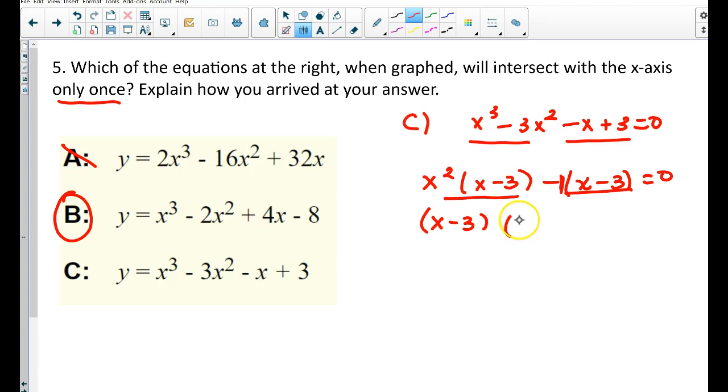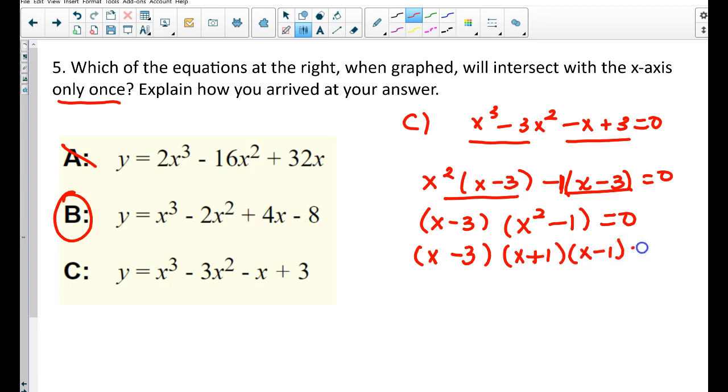It's actually a negative 1 that you factored out. The x squared minus 1 can be factored further using difference of squares. Told you everything's all about that factoring. So if you need to work on that factoring, make sure you do so. Notice I have 3 zeros, all with a multiplicity of 1. And so that just confirms that C is not the answer.